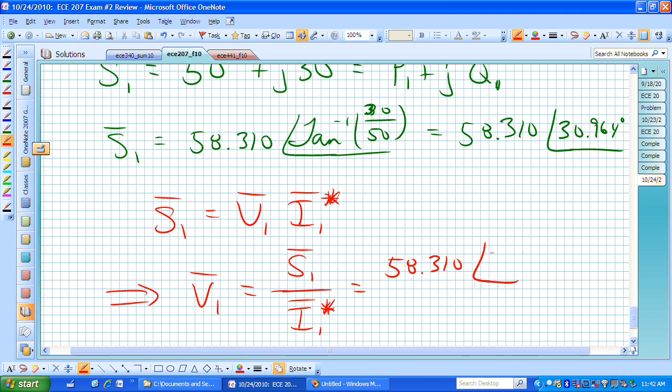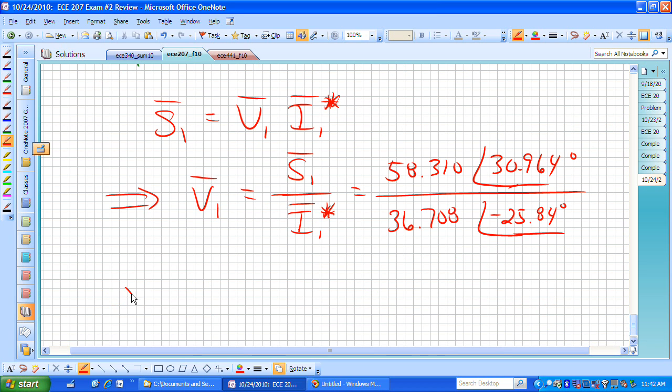We now have 58.31 at an angle of 30.964 degrees, all divided by the conjugate of our current flowing through that load, which I1 had a magnitude of 36.7, had an angle of 25.84, but we need the conjugate, so we now have a minus 25.84.